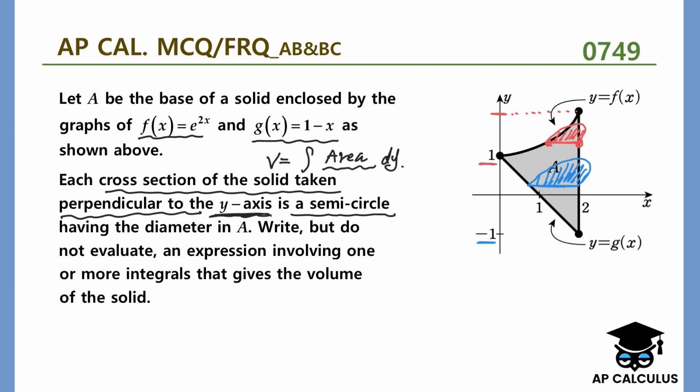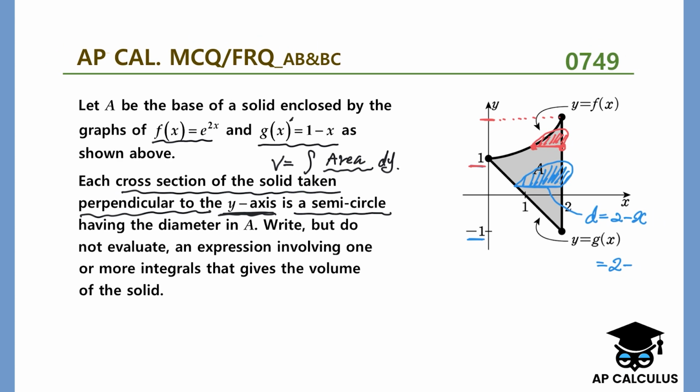This diameter right here, let's say the diameter is d. D is equal to the distance from here all the way to here. That's a 2, so 2 minus x of this line, and that x is in terms of y.